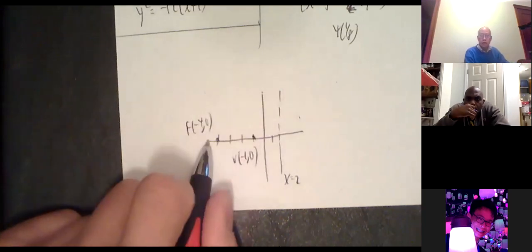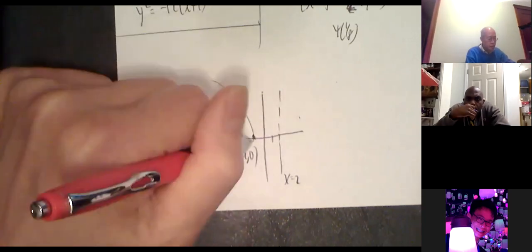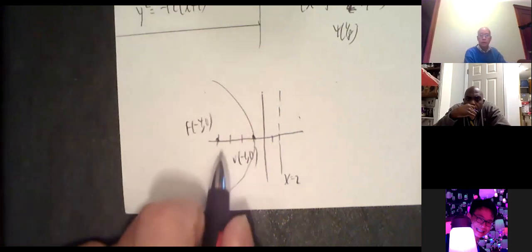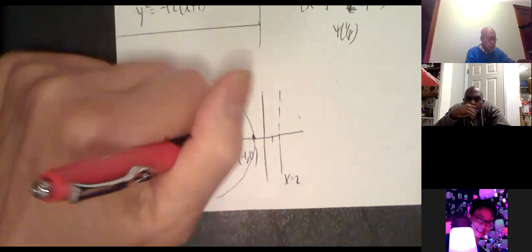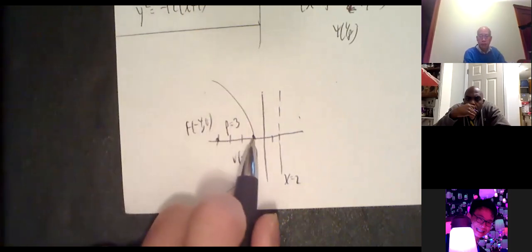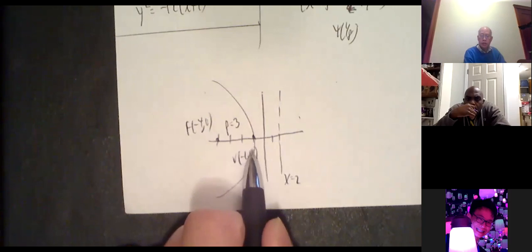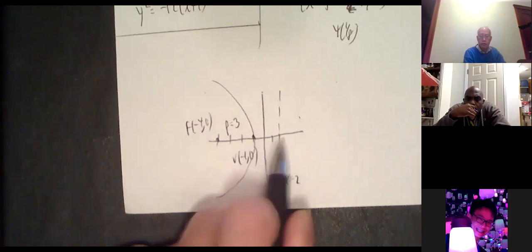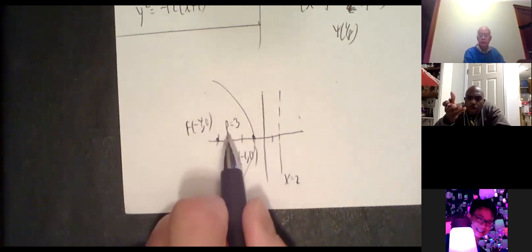So there's the vertex. If the focus is here, I know it's got to go that way. So my P is 3, sometimes called the focal distance. It's the distance from the vertex to the focus, and also the distance from the vertex to the directrix. 1, 2, 3 also.